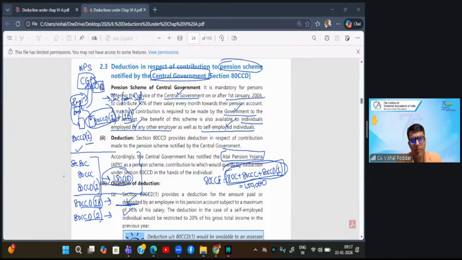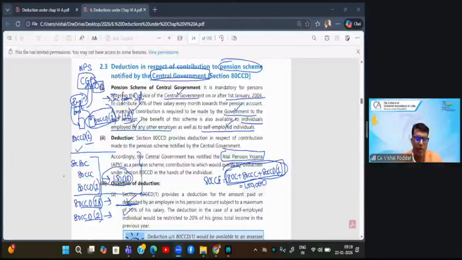Navneet says, sir, if my employer does not include his contribution in Form 16, then can I claim his contribution? No. Firstly, Navneet, this is only an academic question because as per law, it is compulsory to include the employer's contribution in your income. Even if your employer does not do it, you have to recompute and include it in your income because this is what the law provides.